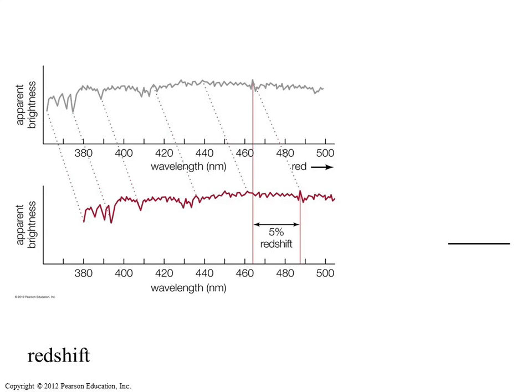Something's moving away at 5% the speed of light, and lines are lengthened. So from the redshift, you can get to how fast it's going. And from how fast it's going, you can get to distance, because you know H0.